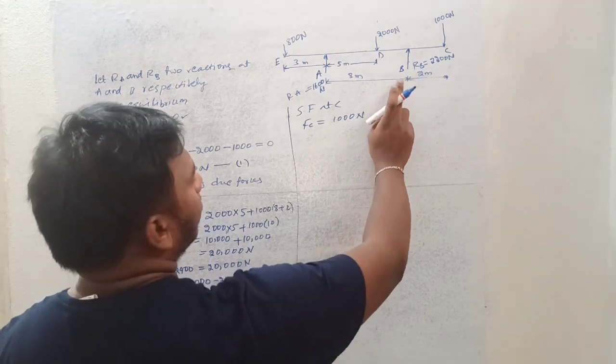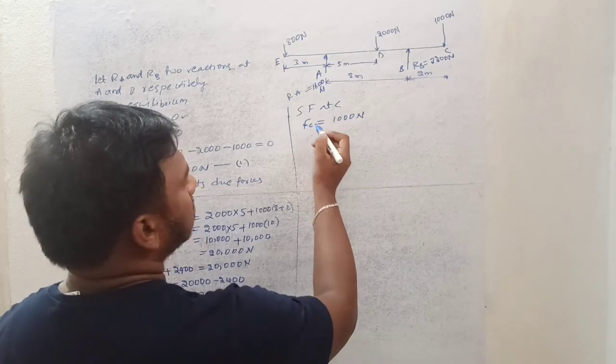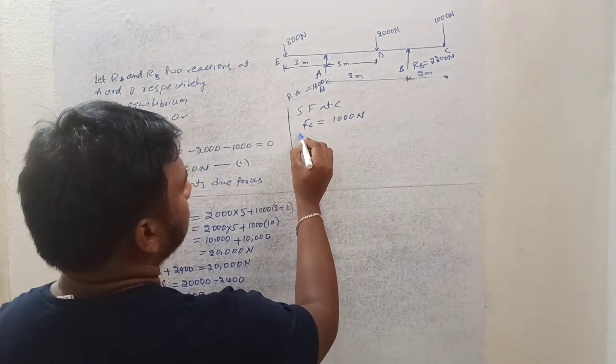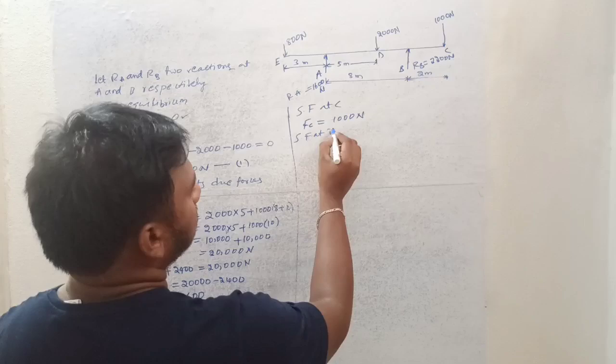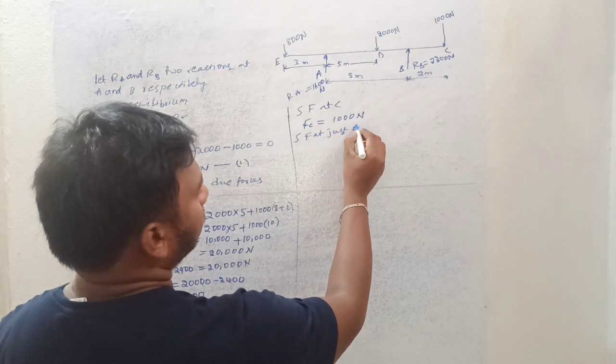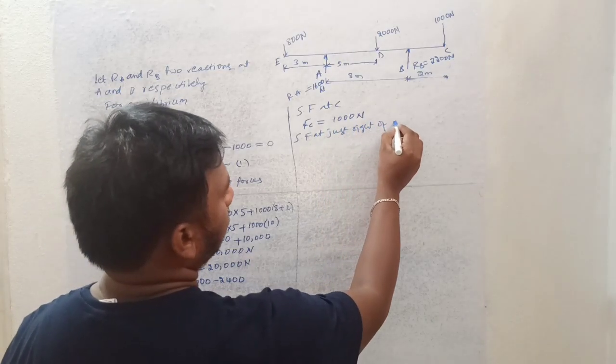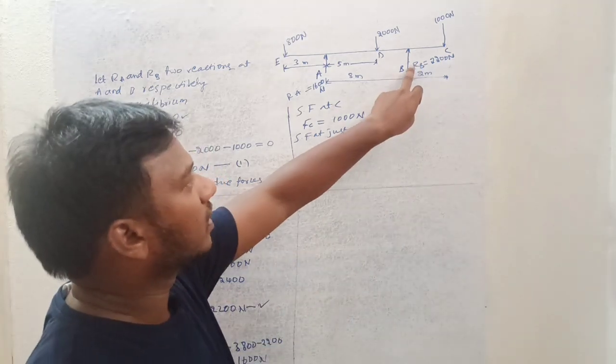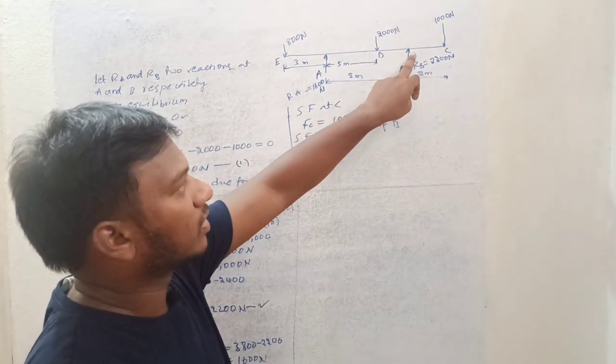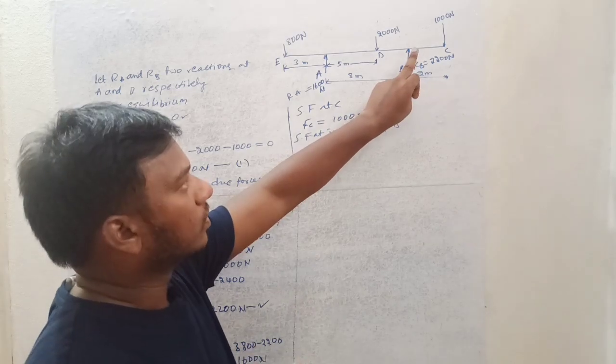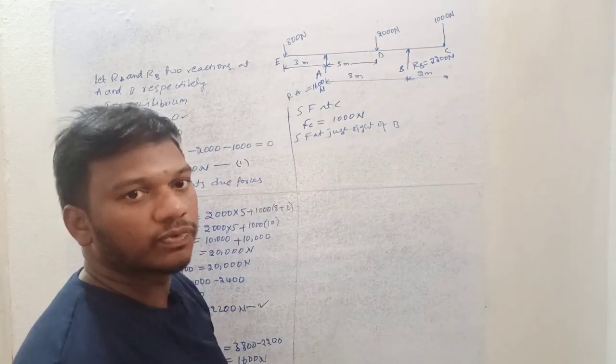So now what is the shear force at just right of B? Because this RB is one of the reactions acting upward, and this is also one of the point loads acting upward, right? So right of the section and left of the section shear force will be different.